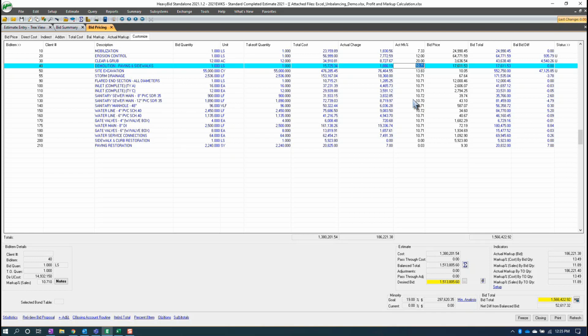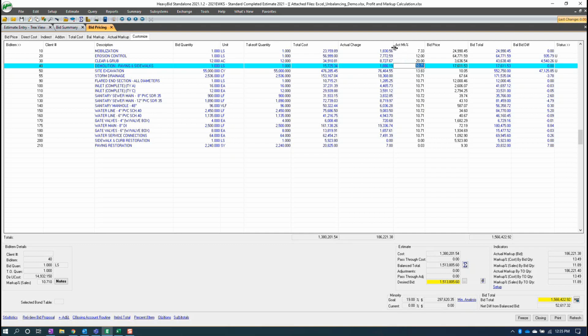I still look at the overall job and the overall job margin, and that's what's going to be recognized in accounting. However, I do understand that there are companies that look at it for bidding purposes, per item, not for job analysis purposes.